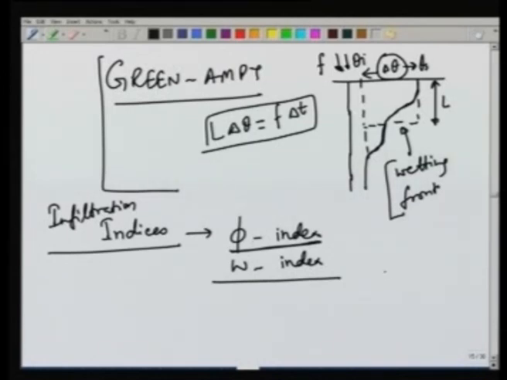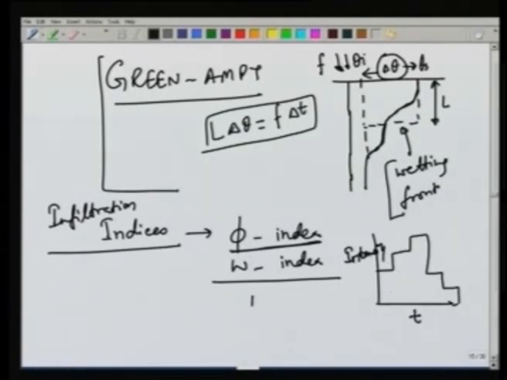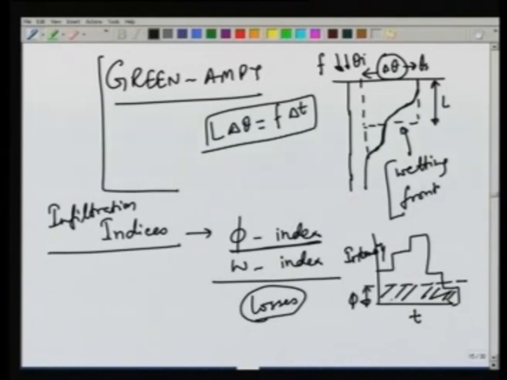For example, for the phi index, if you have a rainfall hyetograph like this, time versus intensity, and we know the losses, then we draw a line here in such a way that this volume is equal to the losses.